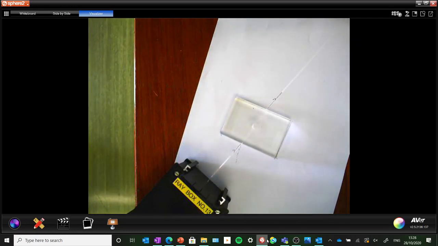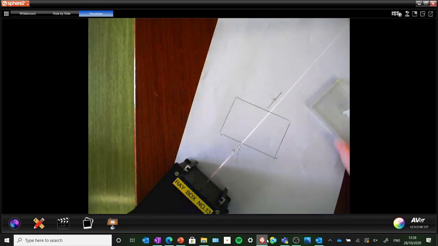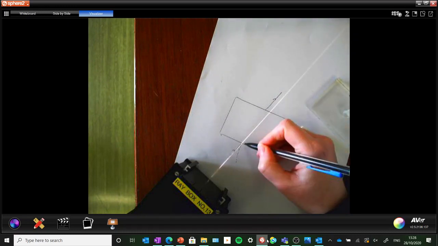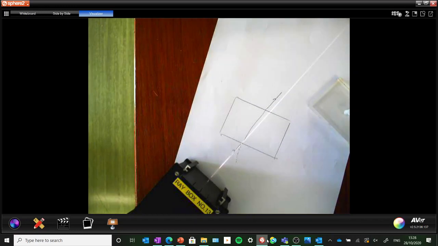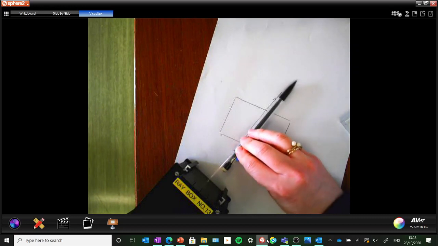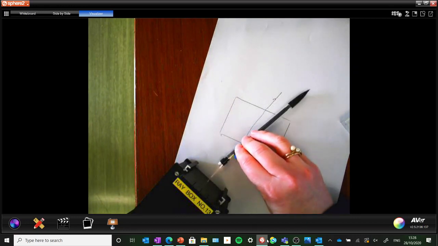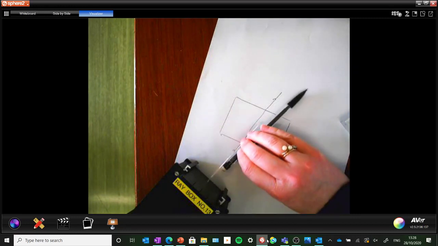You can't really see it, it depends on the light. You should be able to see in the middle this line of light that joins it up. So what you can do is join it up with a ruler afterwards. That's not very straight at all. And you should see that you get a bending of light. It goes in a different direction to what it was originally travelling in.